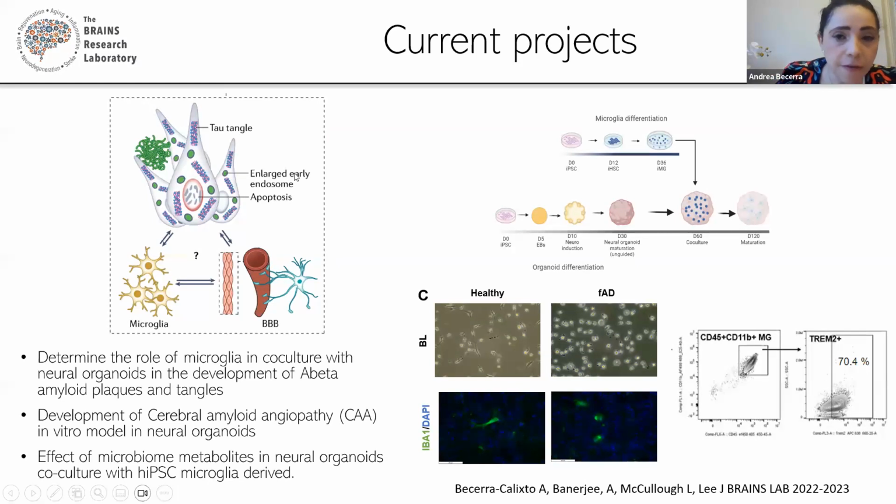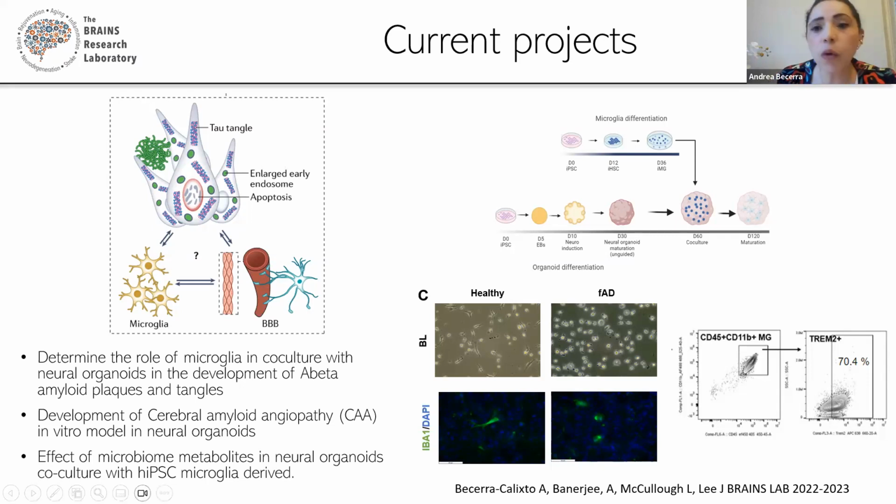The first project we are working on is determining the role of microglia in culture with neural organoids and the development of A beta amyloid plaques and tangles. We have familial Alzheimer's disease patients and sporadic patients, whose cells we reprogram to produce cerebral organoids.